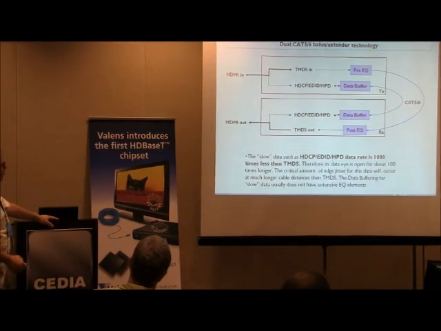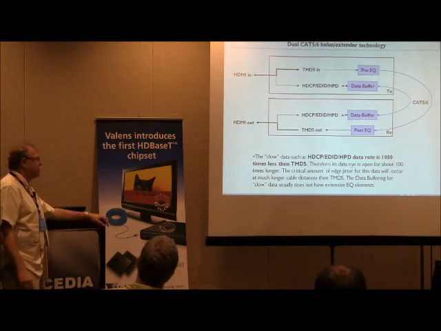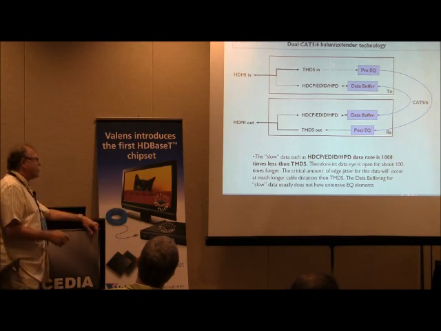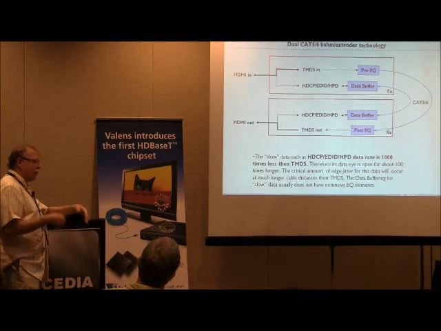Now, one of the technologies used so far for transmitting HDMI over Cat5 is the so-called dual Cat5/6 technology. That technology takes advantage of the fact that there is TMDS data within the HDMI cable and non-TMDS data. The TMDS data is separated and sent separately over one of the Cat5/6 cables as TMDS data.